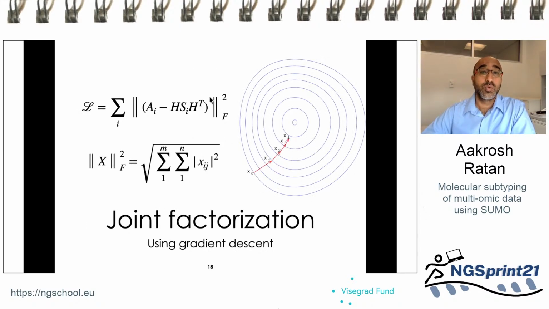We typically use an objective function where for each assay, we are calculating how well we are decomposing, and we are calculating the Frobenius norm of that error in our decomposition. Now, the Frobenius norm is nothing except you take the absolute value, square it, and sum all the numbers in a particular matrix. That's essentially what the Frobenius norm is. But what we are doing is calculating the error in our decomposition, taking the Frobenius norm, and summing the errors in our decomposition in every layer.